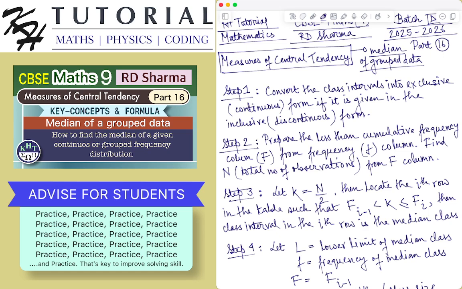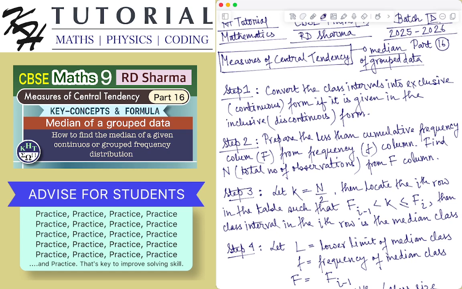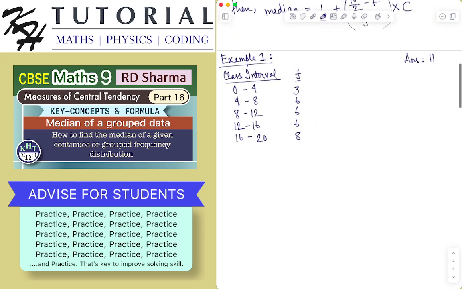The first step is to convert the class intervals into exclusive or continuous form if they are given in the inclusive or discontinuous form. For example, in this group data distribution, the class intervals are 0 to 4, 4 to 8, 8 to 12. We see that the upper limit of every class is equal to the lower limit of the next class.